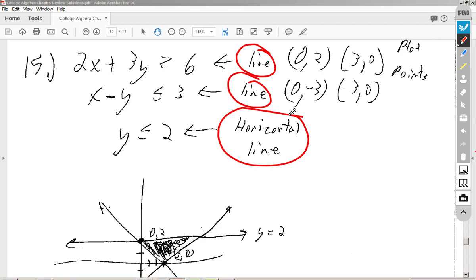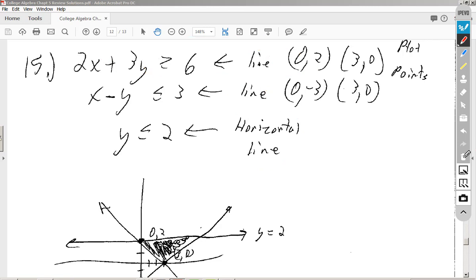To plot these points, I'm going to put in a 0. When I do that, that gives me a 2 right here for that y-intercept. Now for my x-intercept, make y be 0. That means this is going to be 3 to make that a true statement. So that's your point (3, 0).